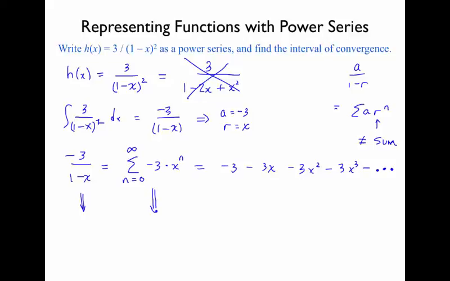All of these are the antiderivative. We took the antiderivative because it gave us the form we wanted. So if this is the antiderivative of h, what will we do to get h back? Take the derivative. So we're going to take the derivative of all these, and we know that's our 3 over 1 minus x squared.